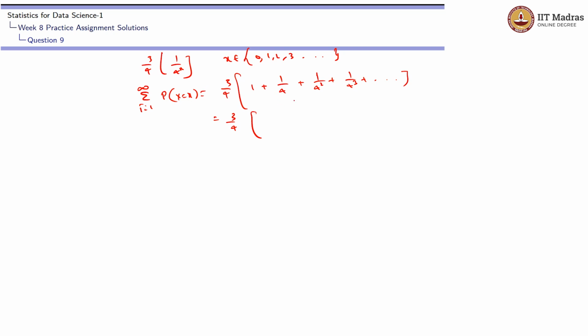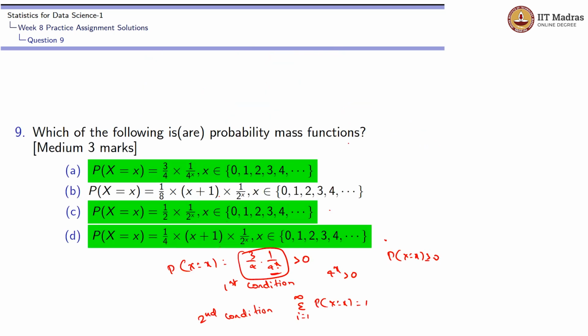This is nothing but a geometric series with a equal to 1 and r equal to 1 by 4. It is an infinite geometric series, here modulus of r is less than 1, so the sum a by 1 minus r is applicable. That is equal to 1 divided by 1 minus 1 by 4, which is 3 by 4 into 1 divided by 3 by 4, which is equal to 1. So the first option is correct, since it satisfies the first and second conditions.